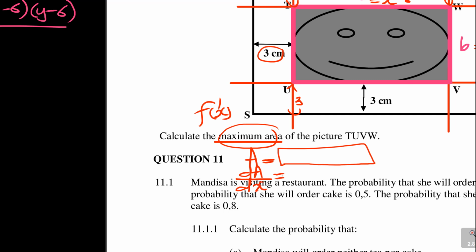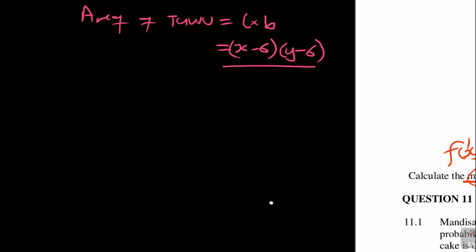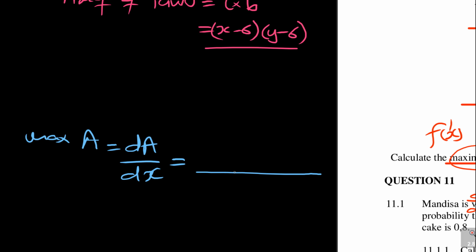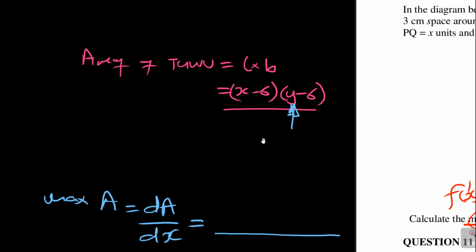So maximum area will be dA over dx equal to zero, which means everything here must have only x. I cannot deal with that particular y, hence they gave me the perimeter. That's why they gave you the perimeter.